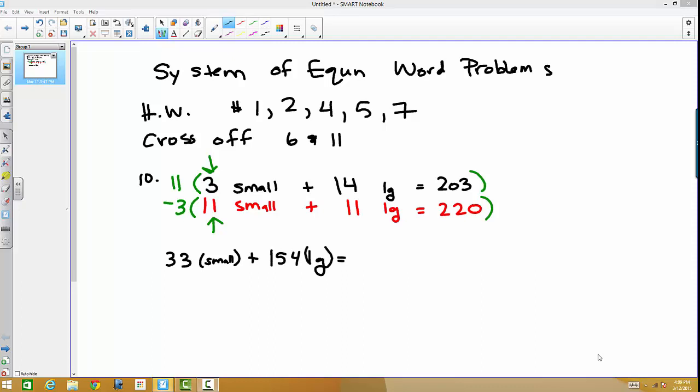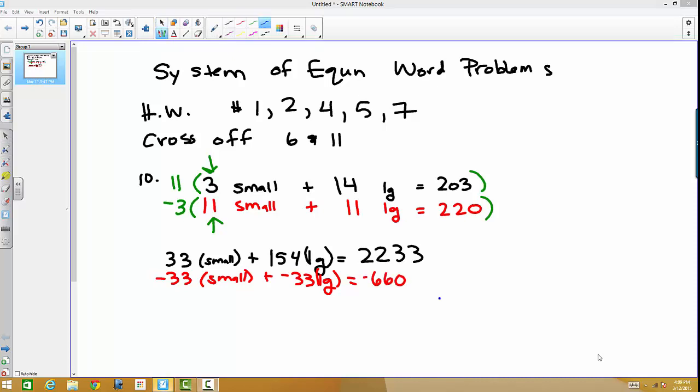And then 203 times 11 is 2233. And when you multiply the second equation by -3, you get -33 small plus -33 large equals 220 times -3 is -660.